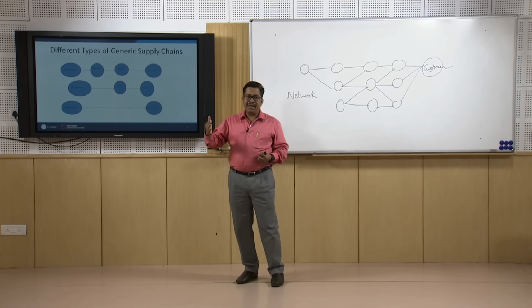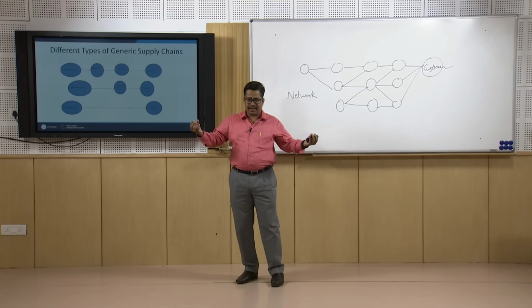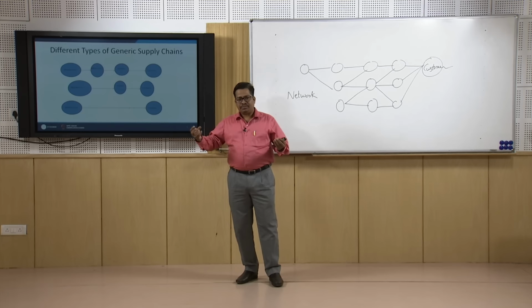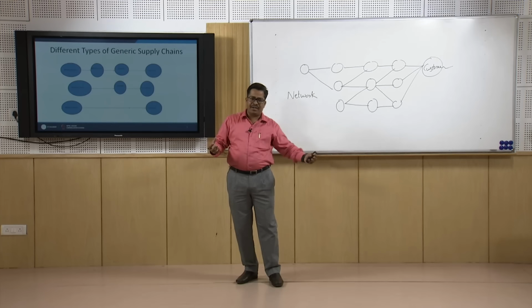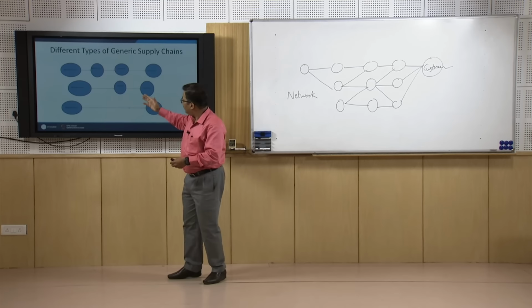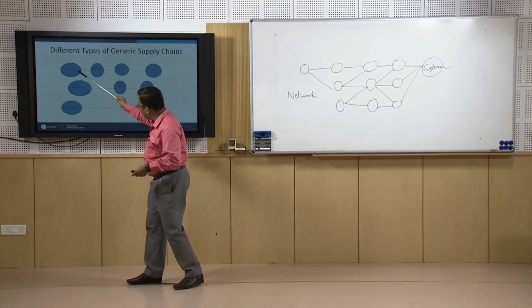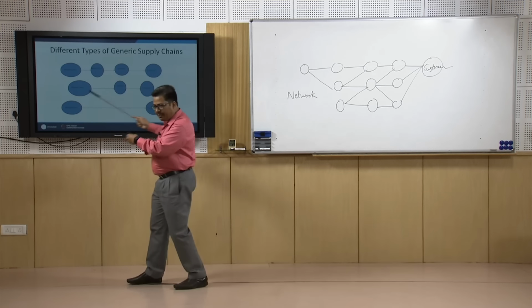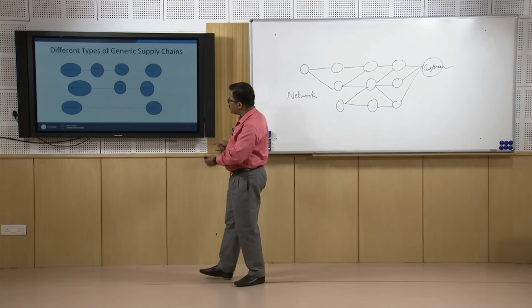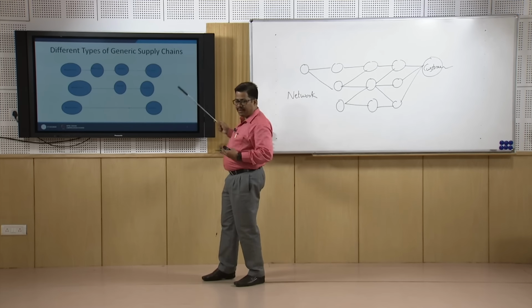If Apple is competing with Samsung, it is not Apple and Samsung directly, but the entire supply chain of Apple which is competing with the entire supply chain of Samsung, because there are a lot of wholesalers, retailers, and a large number of players on the left hand side of these manufacturers also. So in our coming slides we will go to those also, and only then this competition is taking place between one supply chain and another supply chain.